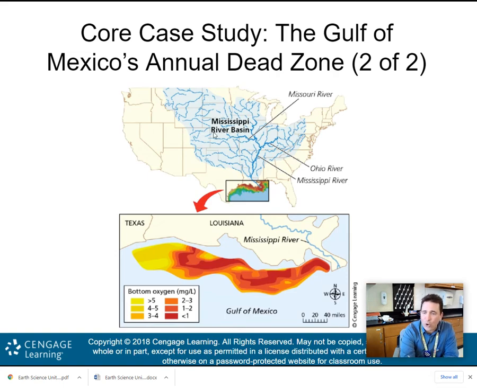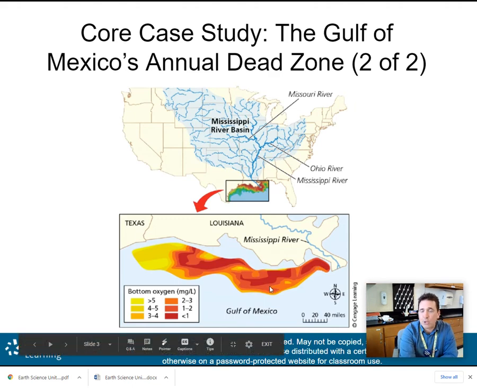And so all these nutrients, again, fertilizers used on the farms, end up growing into the Mississippi, the Ohio, the Missouri River. They all end up in the Mississippi River and then eventually end up in the Gulf of Mexico here, where again, you get these dead zones, these areas of very low dissolved oxygen that form in the summer. And again, in these areas, there's absolutely no fish.